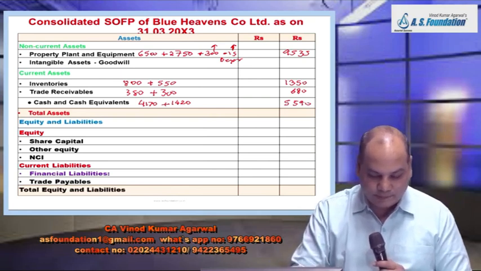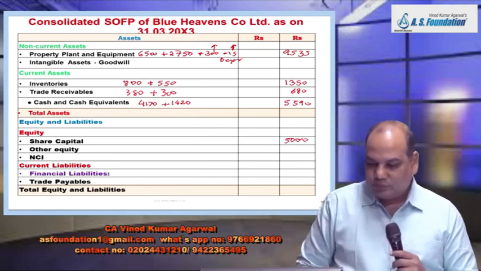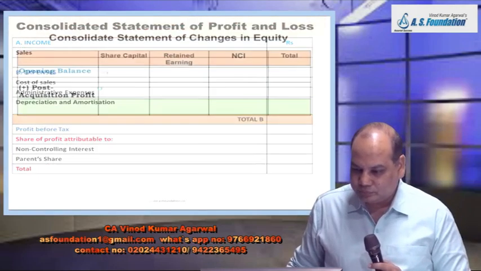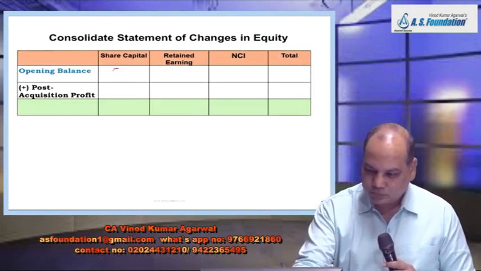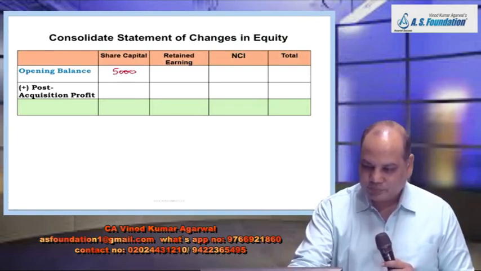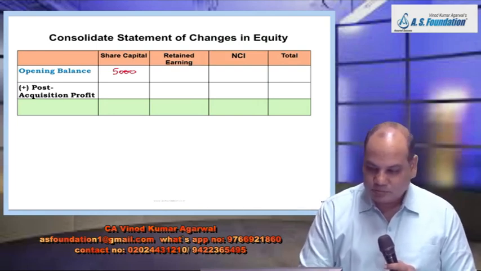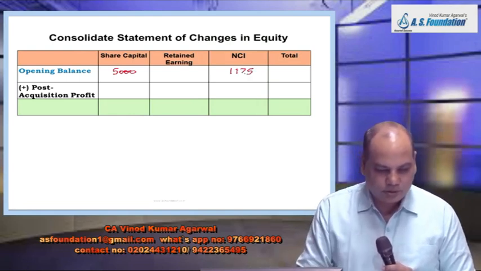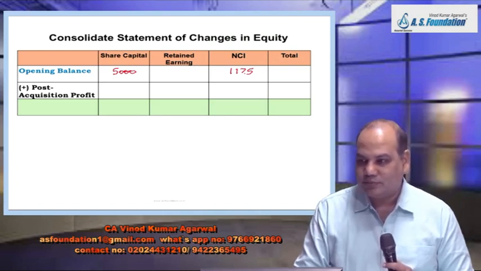Share capital, parent right here 5000. Then you, parent, also write in SOCIE 5000. NCI, how much opening balance was there? 1175. And retained earning opening balance, how much will you write?